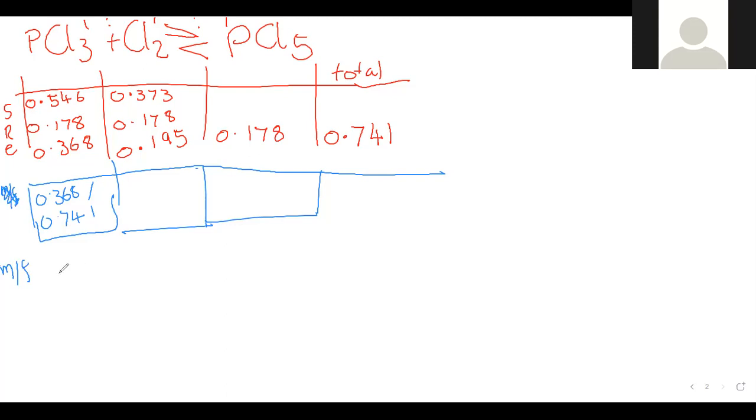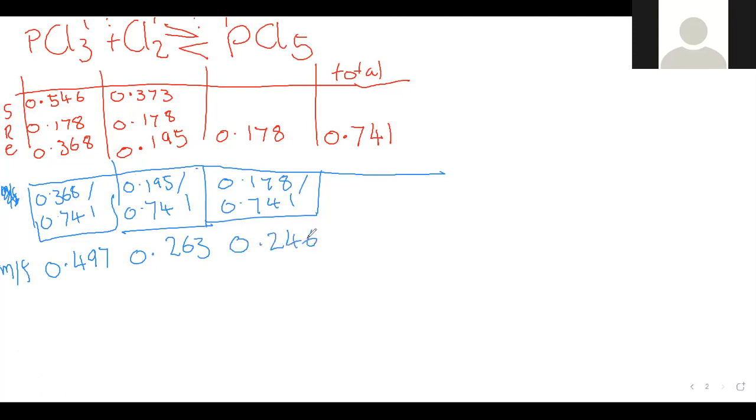That would give us 0.497. This one we're going to do 0.195 and divide that by 0.741, and we will get a mole fraction of 0.263, and then finally 0.178 divided by 0.741 would give us a mole fraction of 0.246.